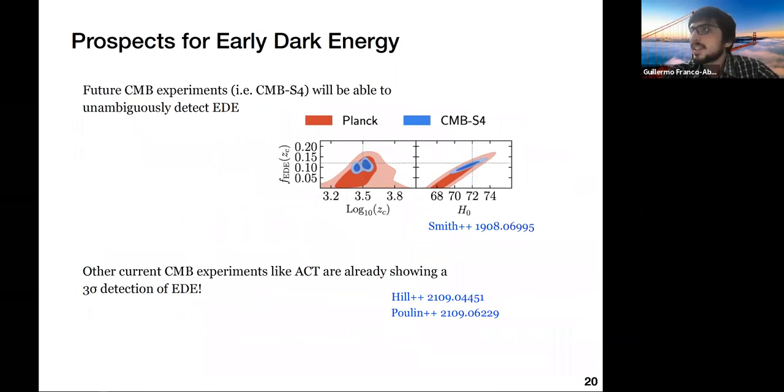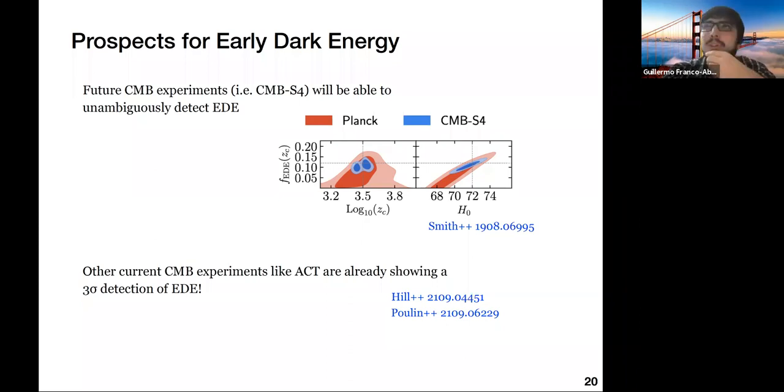Now, I don't know if this is a smoking gun because there is maybe some degeneracy with other models. And I would like to think about alternative probes apart from the CMB that are able to probe early dark energy in a very unambiguous way. But from the top of my head, I'm not sure.